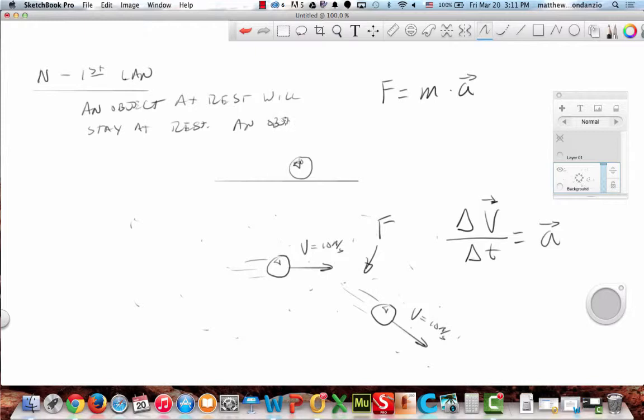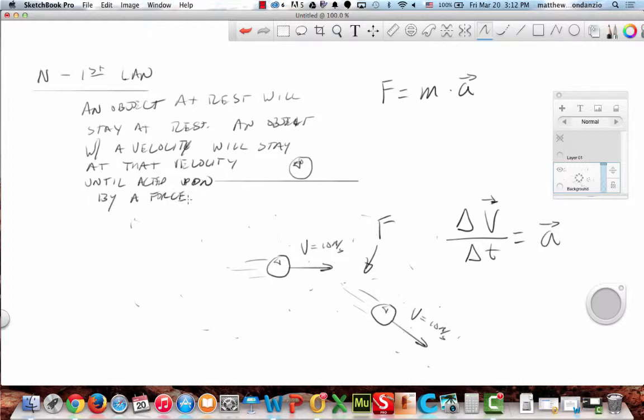An object with a velocity will stay at that velocity until acted upon by an outside force. So acted upon by a force. Now look, let's be very clear.